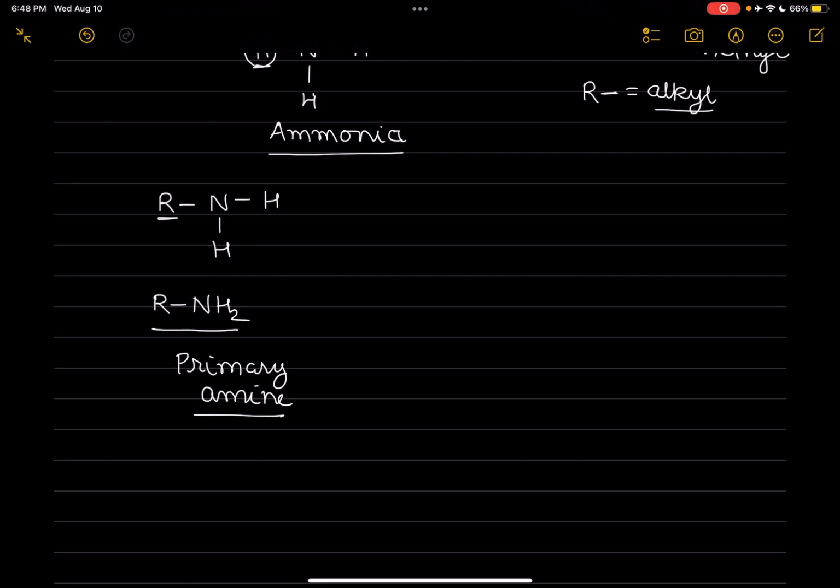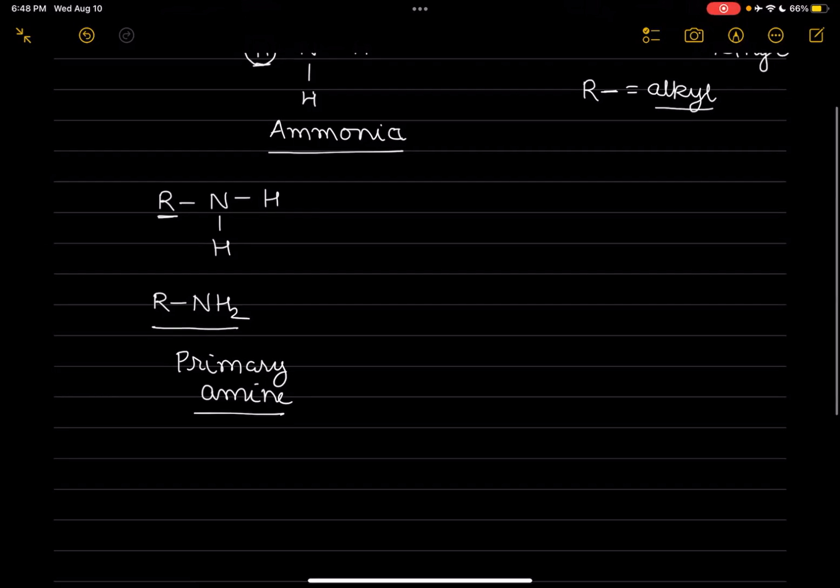Because it is connected to one alkyl group. An example of a primary amine is this one. R is just the general way of writing, or you can connect any larger group, but if one group is connected to N, that is a primary amine. This is also a primary amine. So the key thing is you need to look for NH2, or N connected to only one carbon atom.